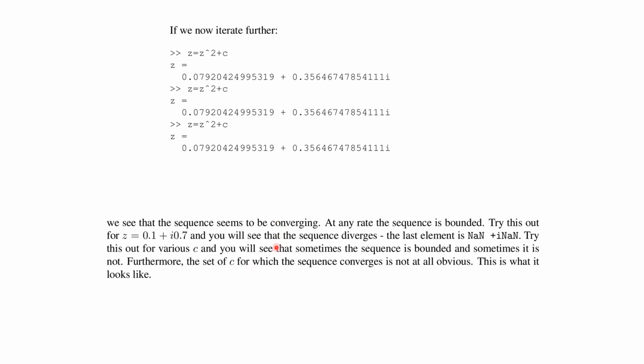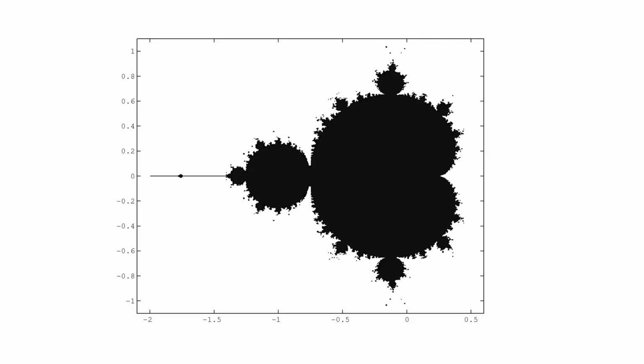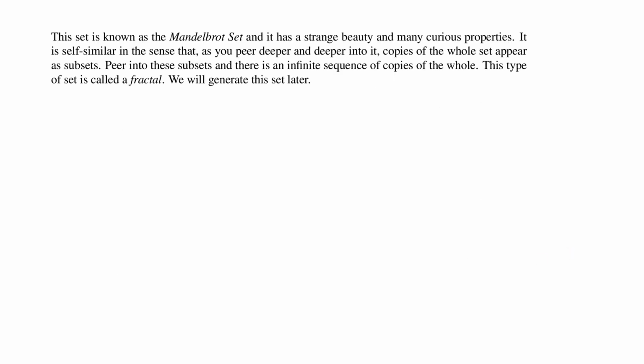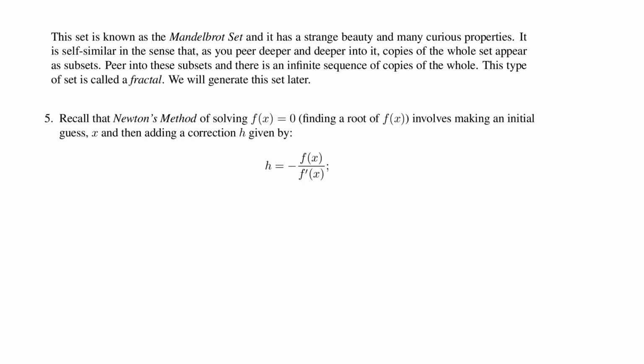You see that some of them converge to a number and some of them don't. And it'll generate this very intriguing object called the Mandelbrot set. So this is not really to explore the Mandelbrot set, it's just to explore the features of MATLAB, in particular complex numbers.